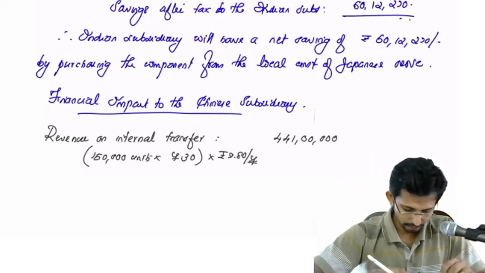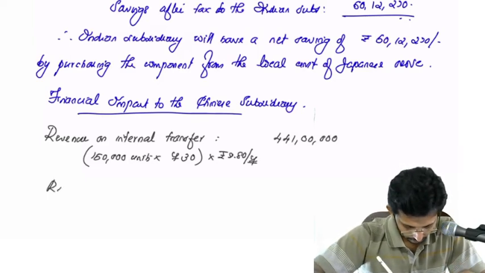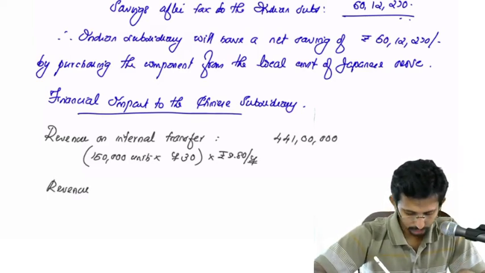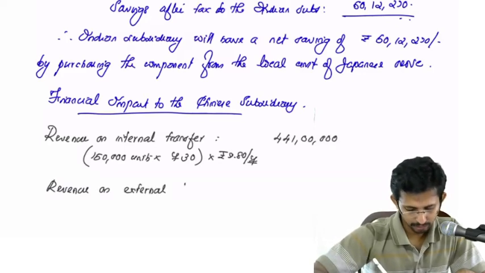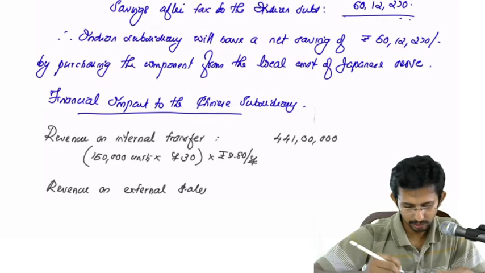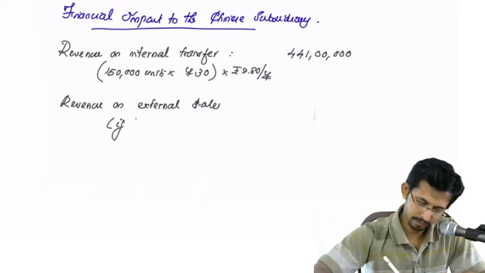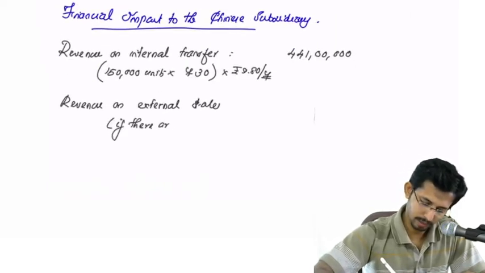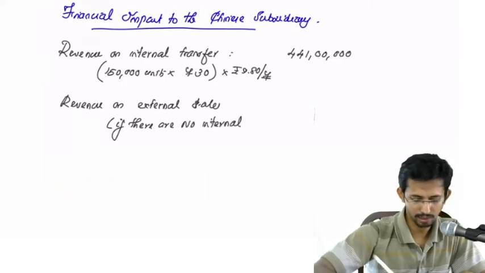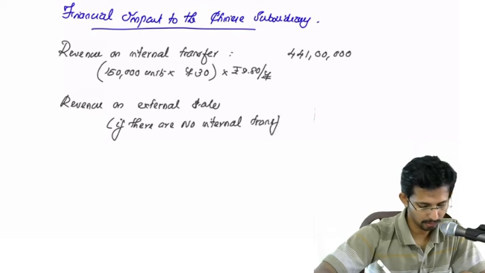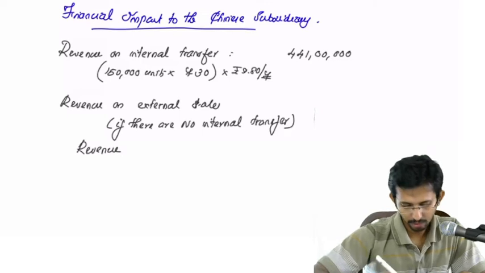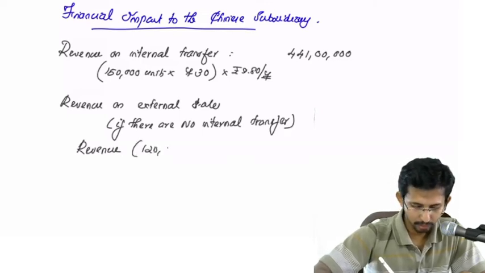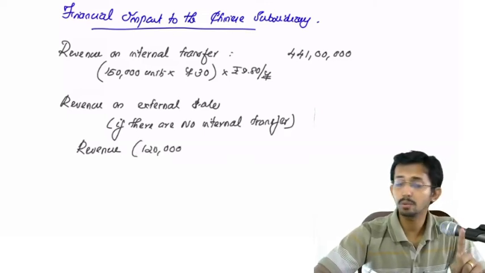Okay, now what do you have to do? Revenue on external sales. If there is no internal transfer, the company can sell only 1,20,000 units.